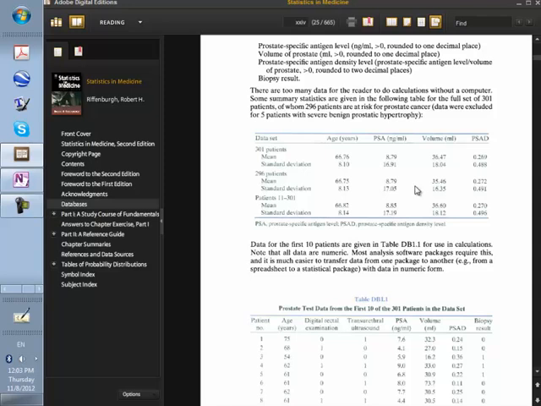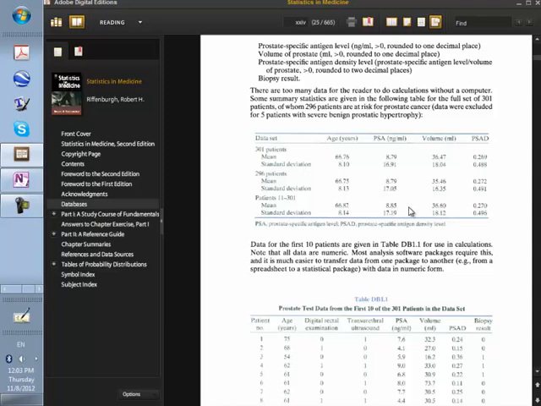Then, what is it possible to say about, for example, one question would be, what would be the mean of their PSA? Can we conclude anything from the PSA values that we have? Can we say anything about that?